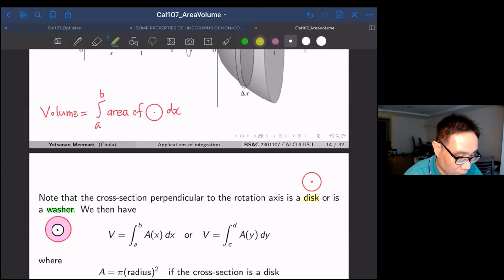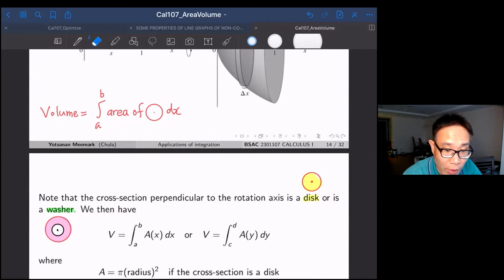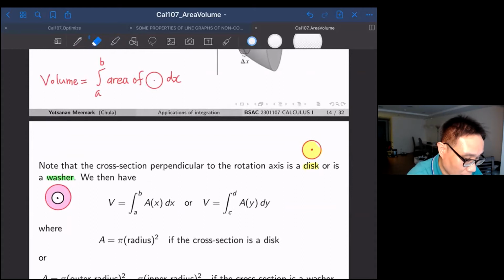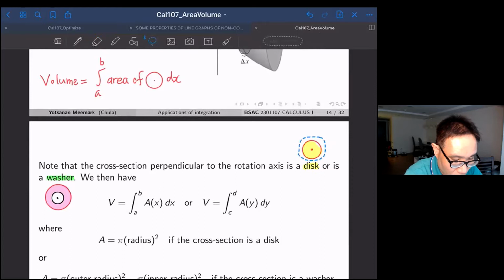And for the disc, it's just the whole circle. So what will be the area for the disc? You have the center, and it's going to be pi radius squared.